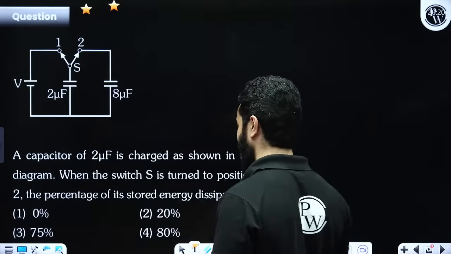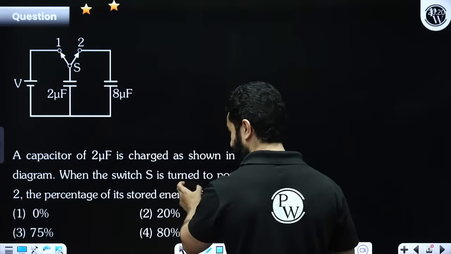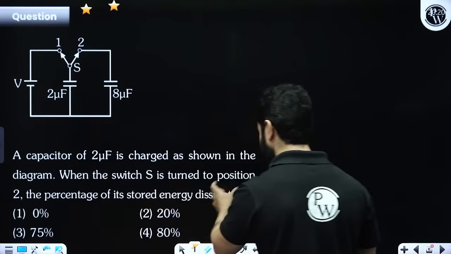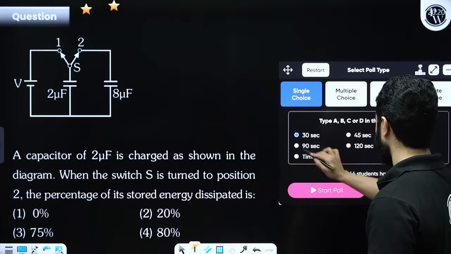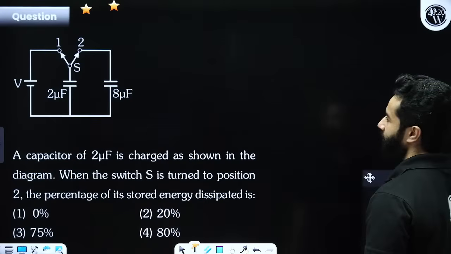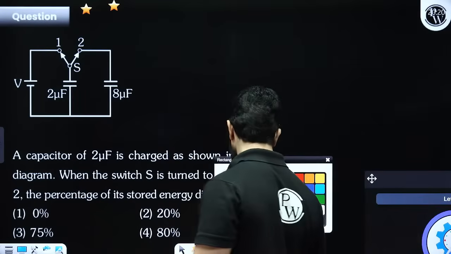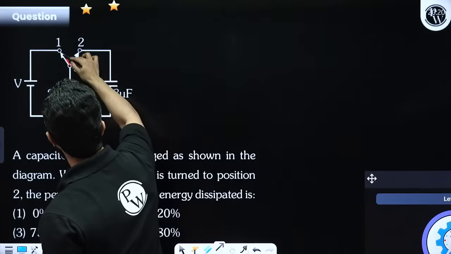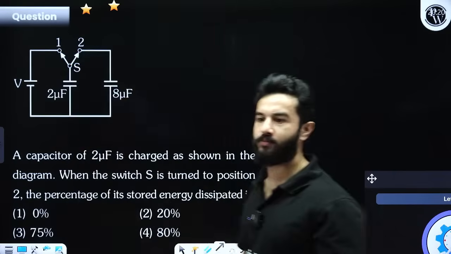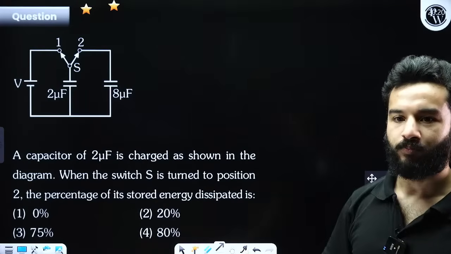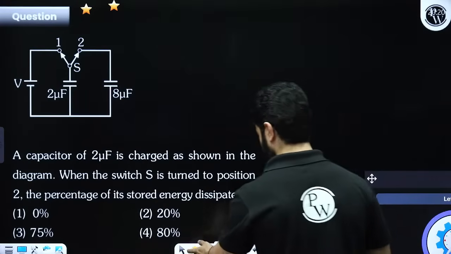Then you have to find out the percentage of its stored energy dissipated. Chalo, let's start. 90 seconds. First it was connected to this orientation, and then we have connected it to this orientation. Come on, be quick.